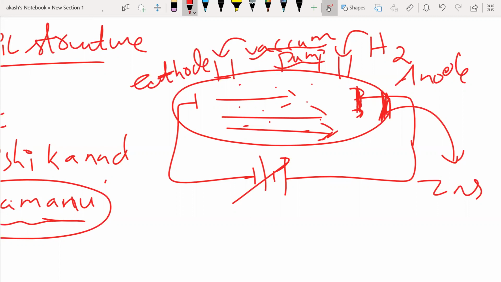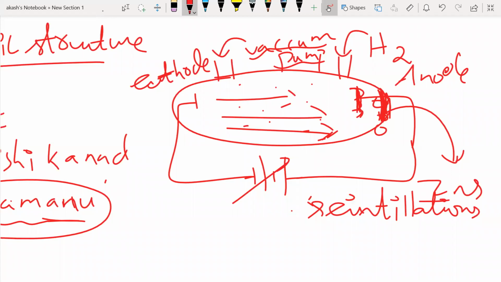When something hits this ZnS screen, I get some bright spots on it. Those are what are called scintillations. Scintillation is nothing but bright spots. So again I repeat, he saw something moving from the cathode towards the anode, and it was proved with the help of scintillations on the ZnS screen.